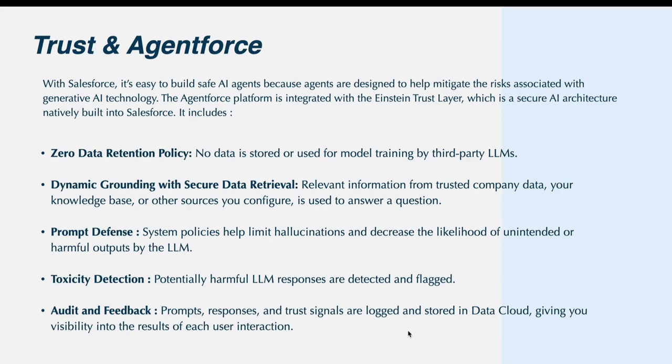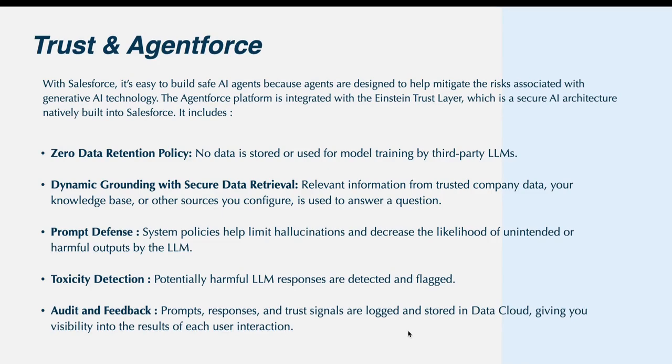It includes a zero data retention policy, which means no data is stored or used for model training by third-party LLMs. It also includes dynamic grounding with secure data retrieval, which means the relevant information from trusted company data, your knowledge base, or other sources you configure is used to answer the question.